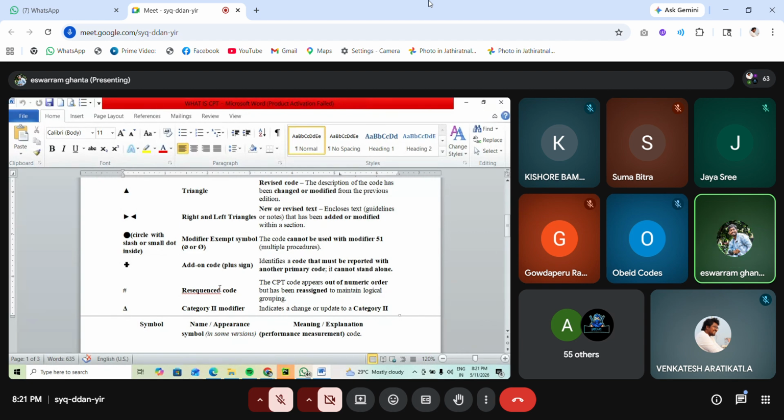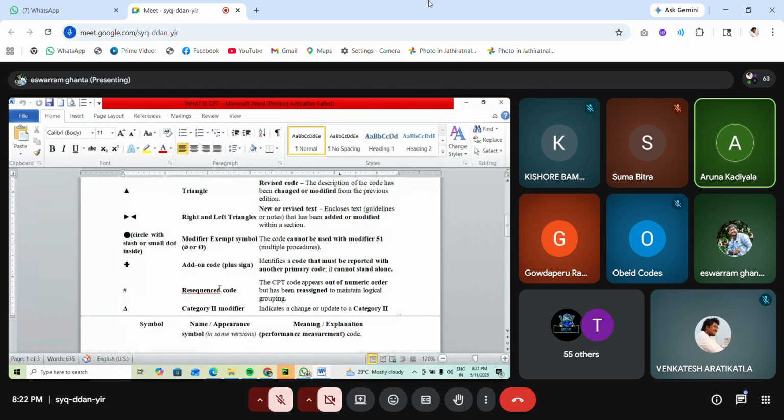After 10012, what is the next number? 10013, followed by 10014, followed by 10016, like that. This is the correct sequence of numbering.